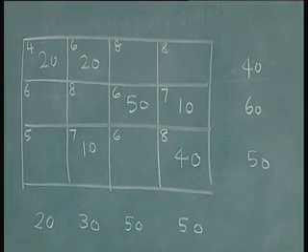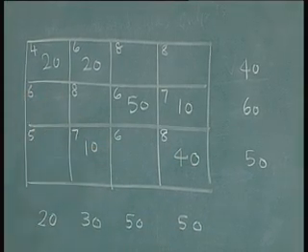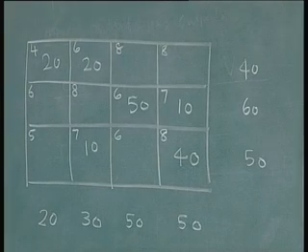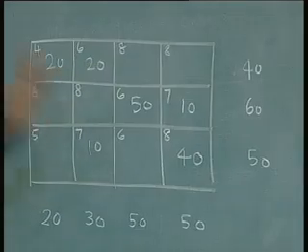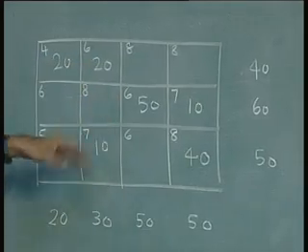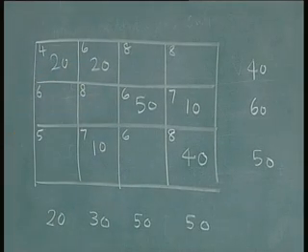You would remember that this is one of the solutions that we obtained using the Vogel's approximation method or penalty cost method. What we need is a basic feasible solution to begin with. It could be obtained through either the Northwest corner rule or the minimum cost method or Vogel's approximation method, but what we need is a basic feasible solution.